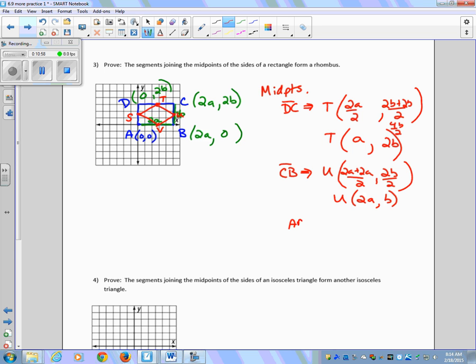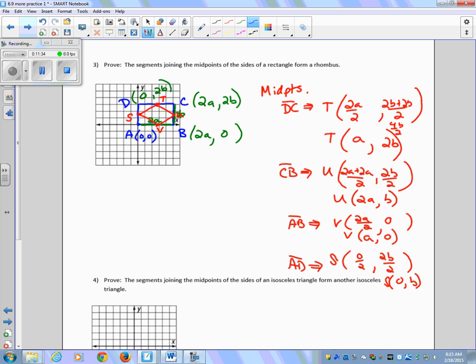The midpoint of AB is point V. We're going to get 2a over 2, 0, so that's just a, 0. Point V is a, 0. And then AD, the midpoint is point S. We add the x's, we get 0 over 2, and we add the y's, 2b over 2, and we just get 0, b. Point S is 0, b.